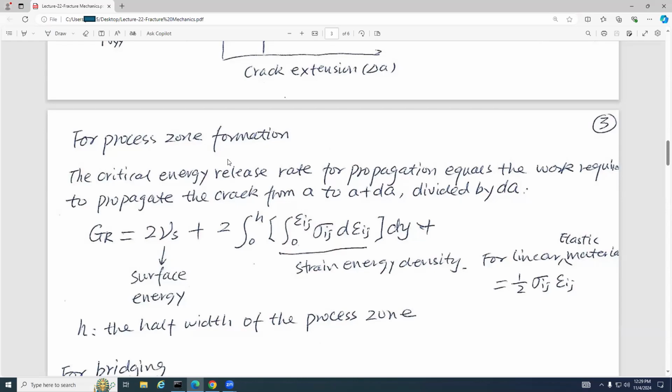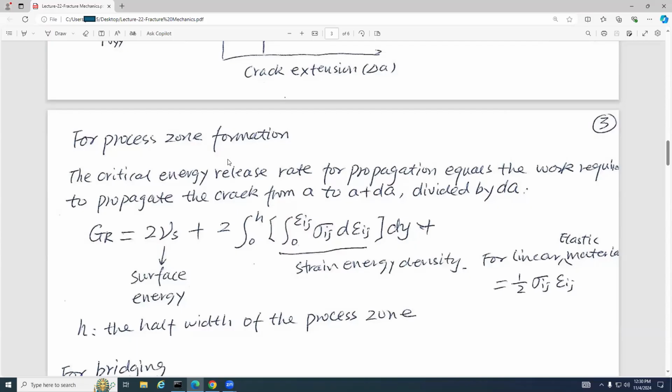So here we assume the thickness is a unit thickness. And so here is the GR. The GR is surface energy, right? If this material has not been toughened, that means the original ceramic material, we do not have the second term.